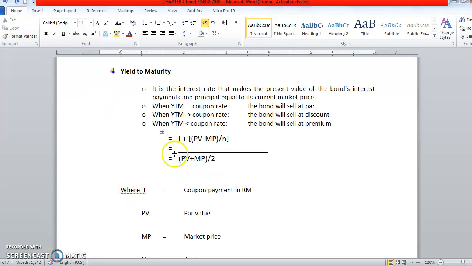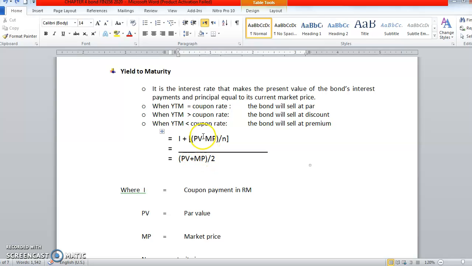Dan keseluruhannya tadi, yang kita calculate tadi, you have to divide by, again, par value plus market price divide by 2. Divide by 2 ni memang dah kita simplify according to the formula, the mathematical way, yang mana kita nak simplifykan balik, right? And then the whole thing tu you bahagi 2.